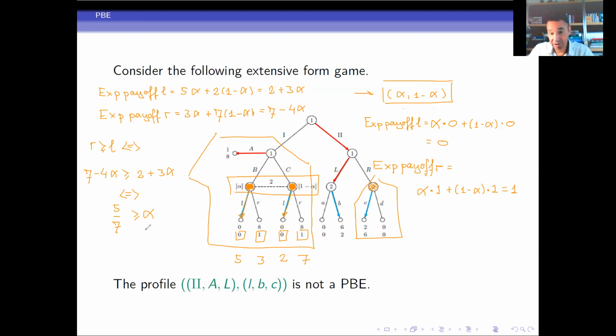Of course, in the case that we are actually facing currently, it's a lot easier because right is always better than left for any choice of alpha. But you can see that also in more complicated cases, you can actually apply this kind of sequential rationality.